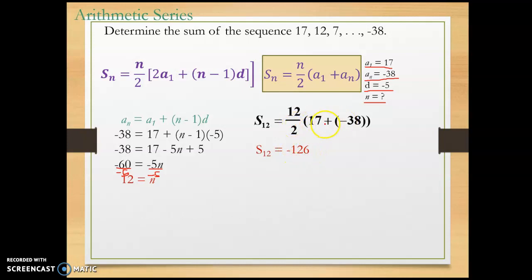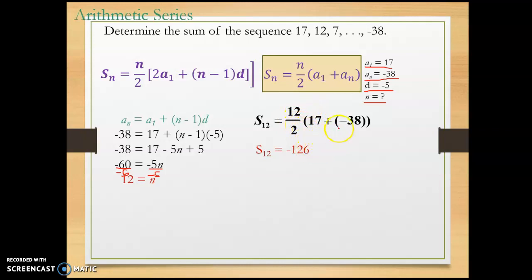If you're wondering why it is negative 126, you follow PEMDAS: divide, this is 6, and then parentheses, so you operate whatever is inside the parentheses, and then you divide, then you multiply.